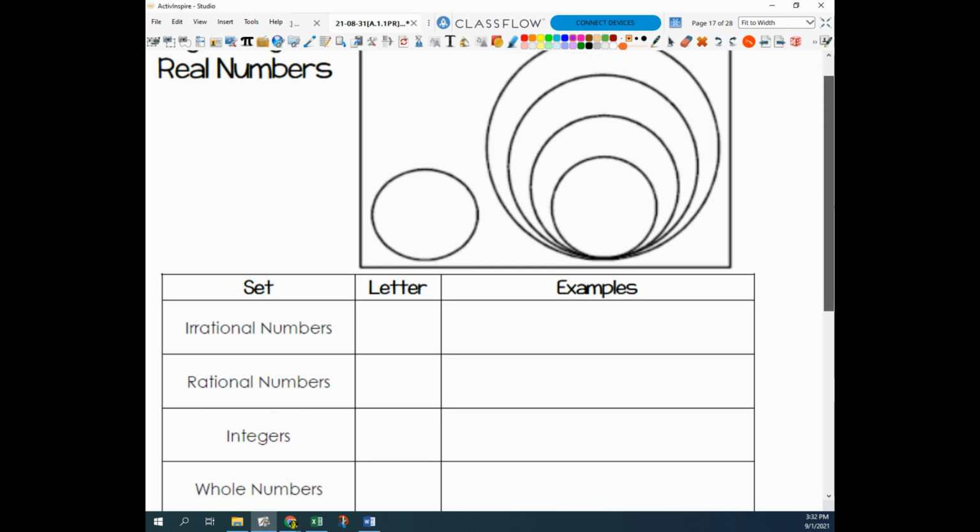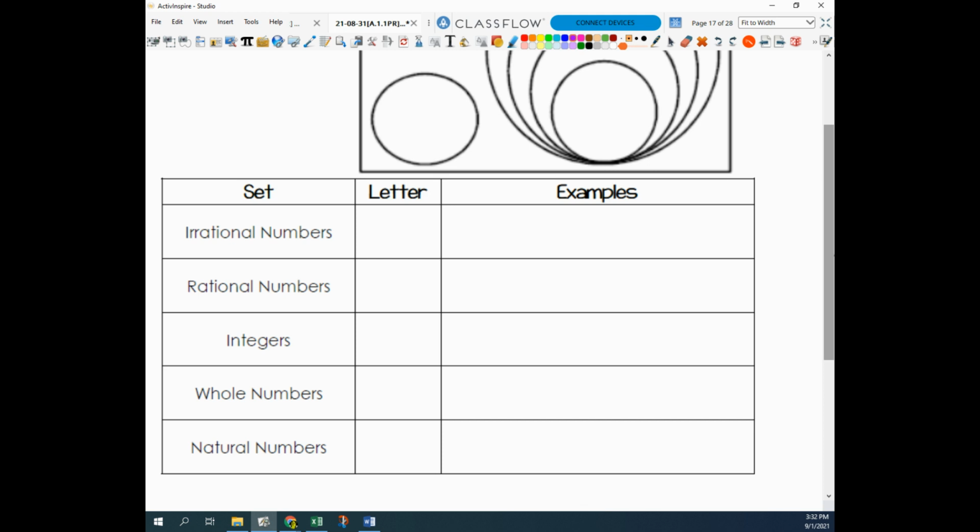The set of rational numbers usually is Q, I guess because R has already been used. A lot of times, and I actually like this better, the set of irrational numbers we'd call Q prime, but not in our notes.